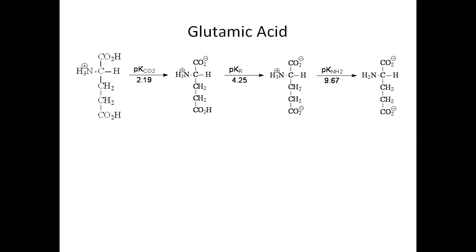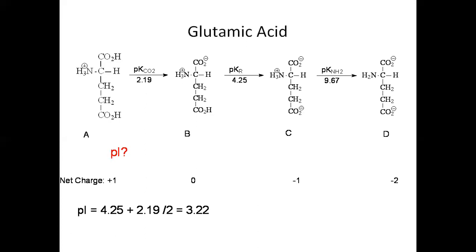Therefore, at a pH of 2.19, and I'm going to put that in quotation marks for later on, the structure that will exist is in the lower left portion of your slide in green. We will call this structure B.